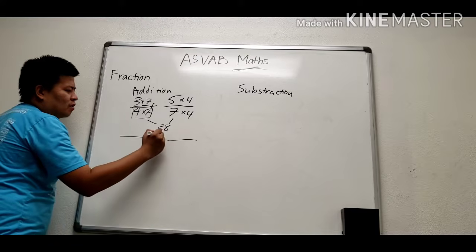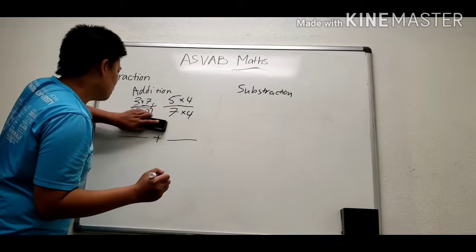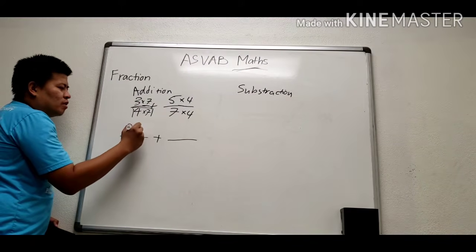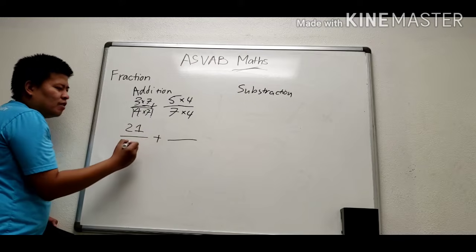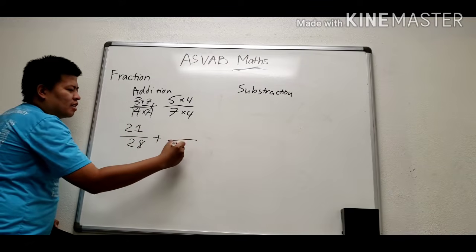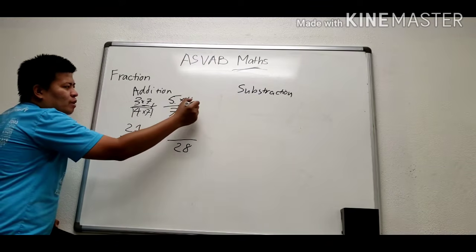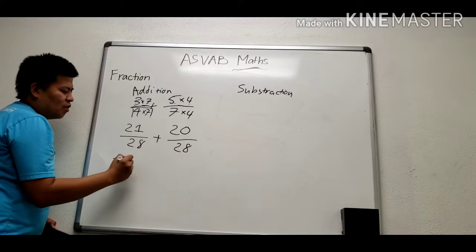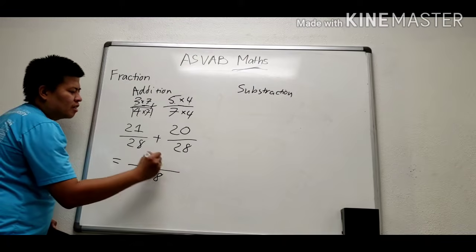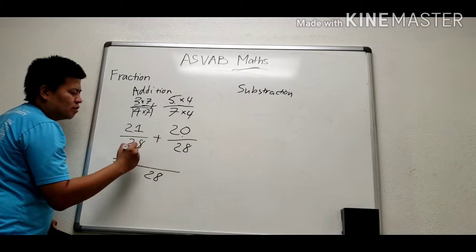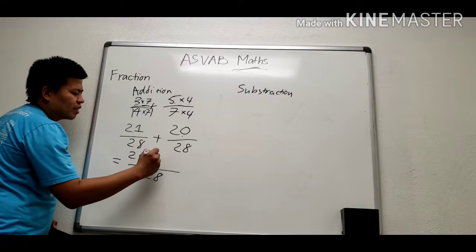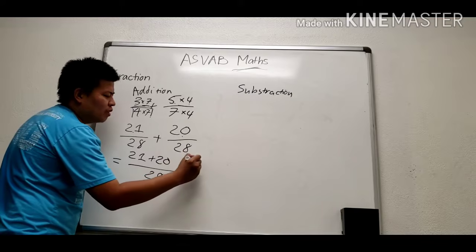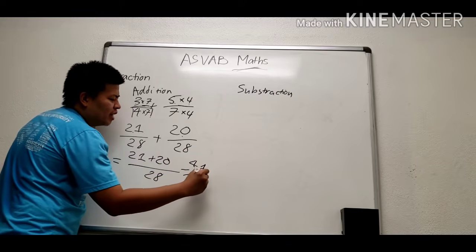So we have the new fractions in here. 3 multiplied with 7 is 21. 4 multiplied with 7 is 28. 28 in here too. 5 multiplied with 4 is 20. So we have 28, and 21 plus 20, and we got 41 over 28.